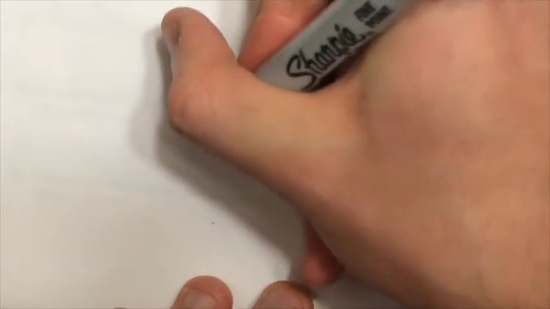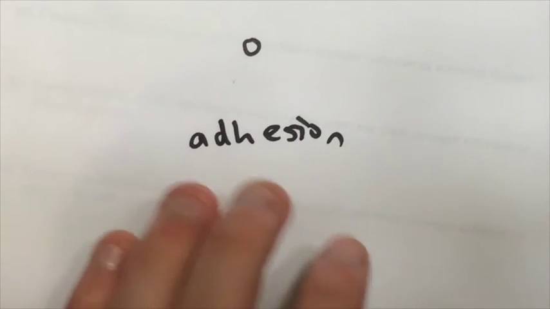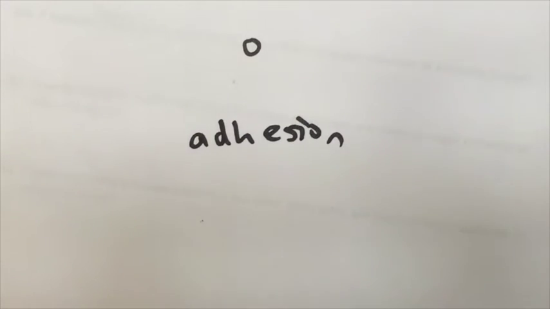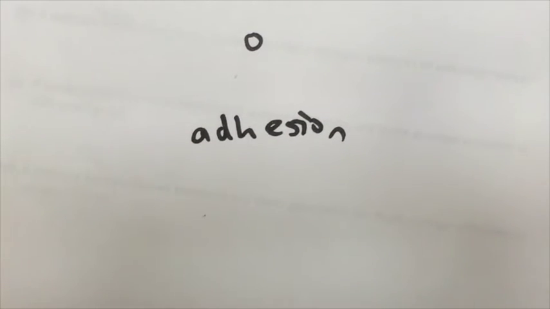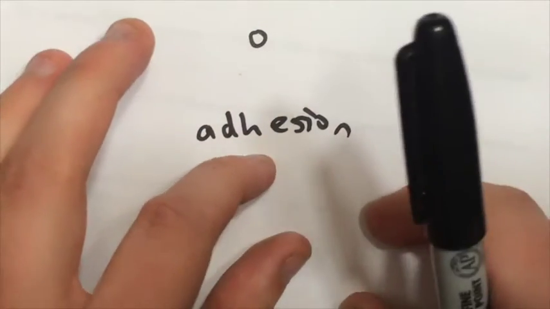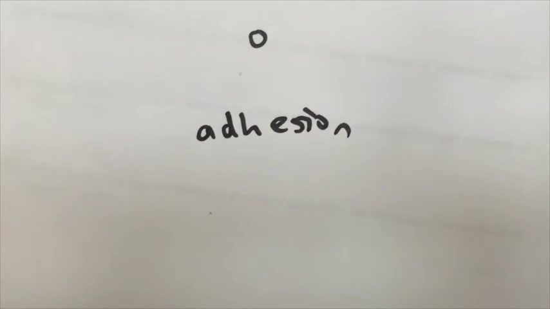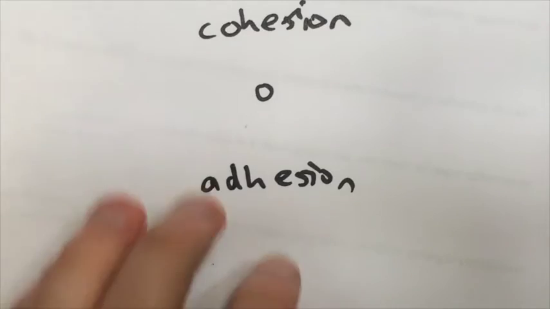Now, adhesion is the attraction of a liquid to a surface, okay? So if we put water on this paper, what would happen is the water would spread out on the paper. It would sink in, and that would be because the water's adhesion for the paper is strong enough that it will separate from itself and spread out through the paper.